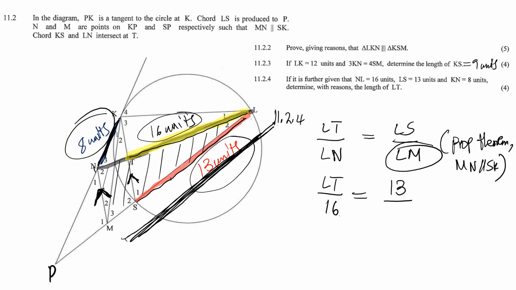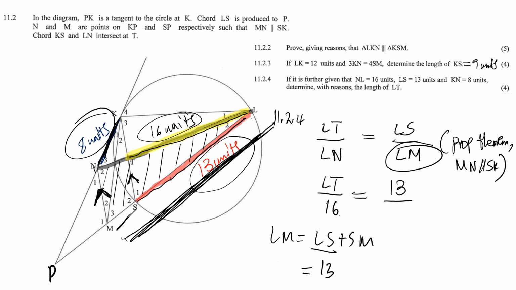Let's continue. We've substituted whatever we're given, but the problem is we don't have LM. To get LM, we need to get SM, because LM is equal to LS plus SM. We are given LS, which is 13 units, but we don't know SM.